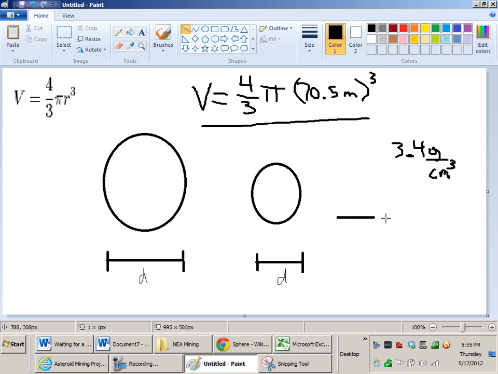But with that in mind, you would take whatever value you got for meters, and you would multiply it by 3.4, sorry, this is meters cubed because it's volume, 3.4 grams per centimeter cubed.